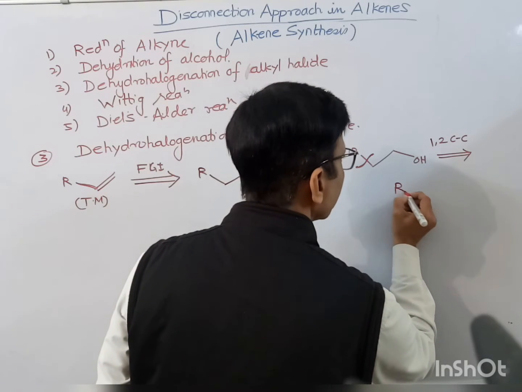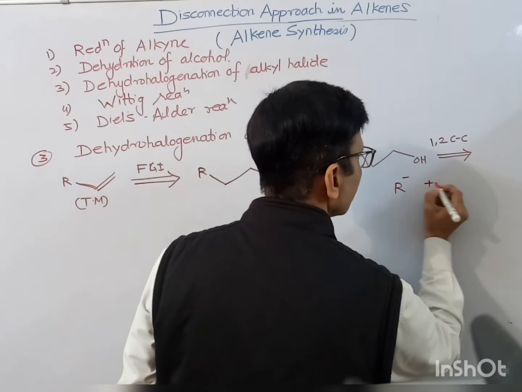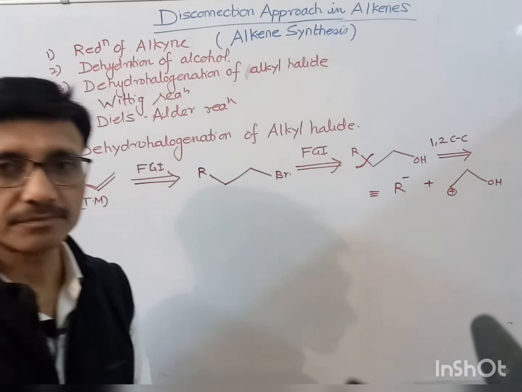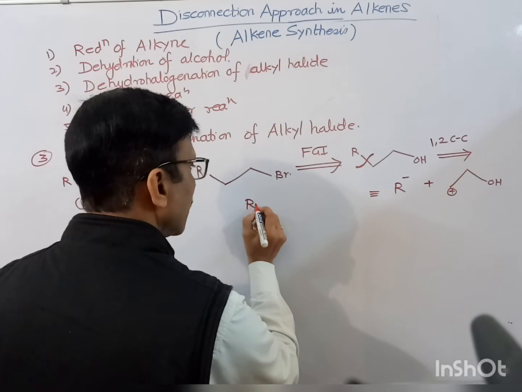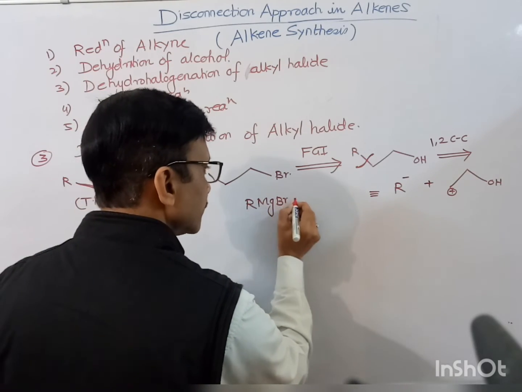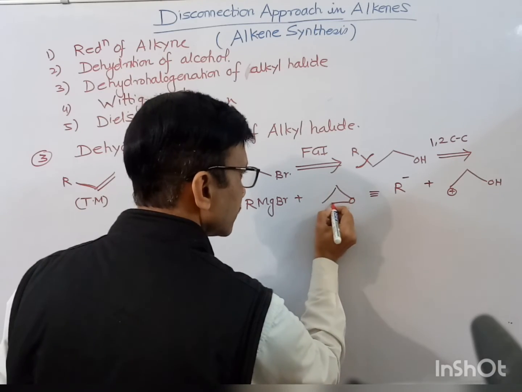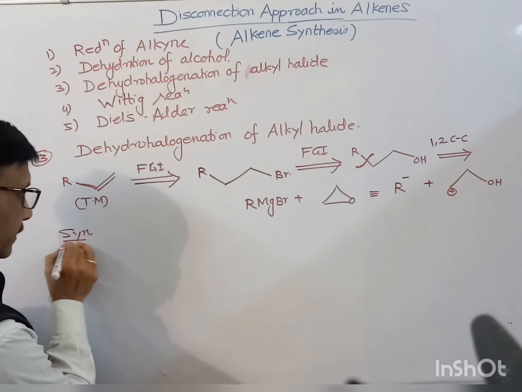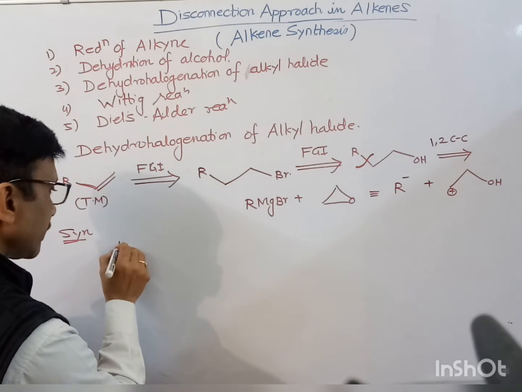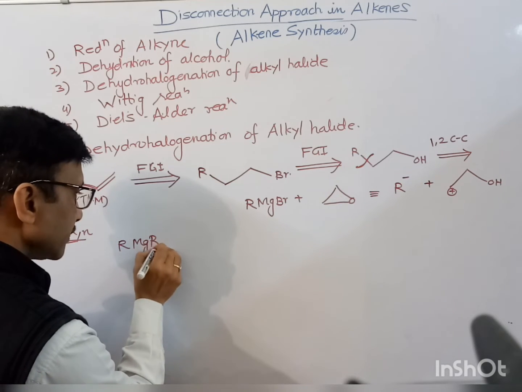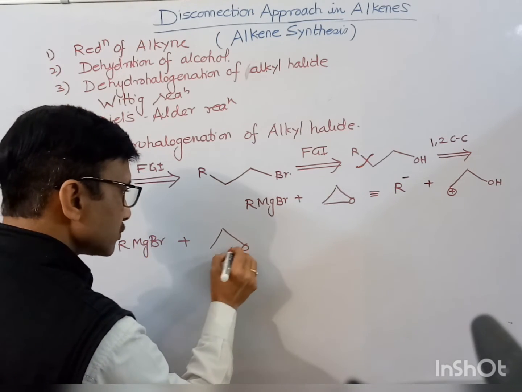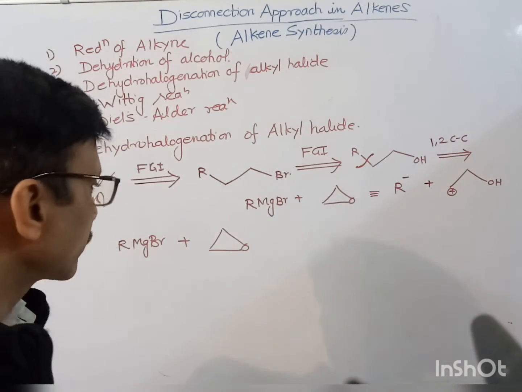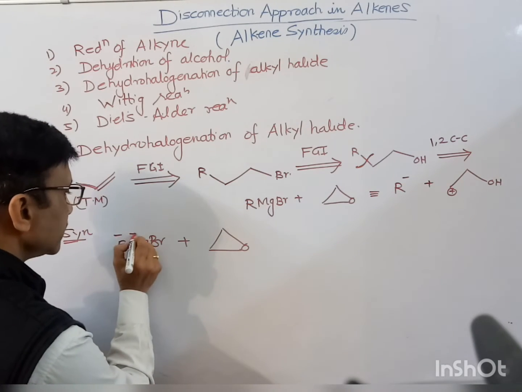So you will have R minus, and plus here a positive charge on the carbon bearing OH. The synthetic equivalent would be this Grignard plus one of these epoxide rings. If you write the synthesis, you have this Grignard reagent, and the epoxide ring can easily be broken, being very strained.